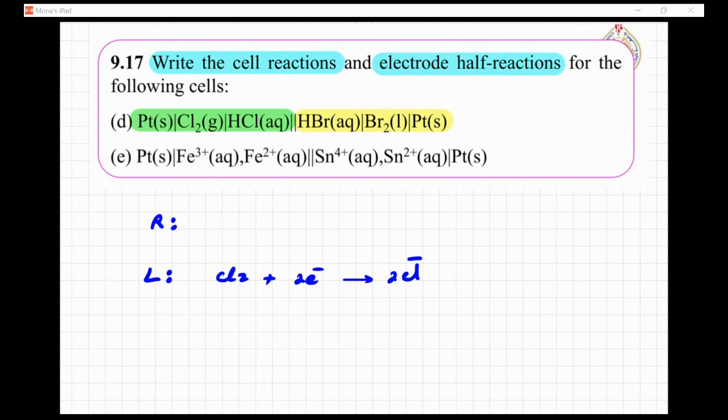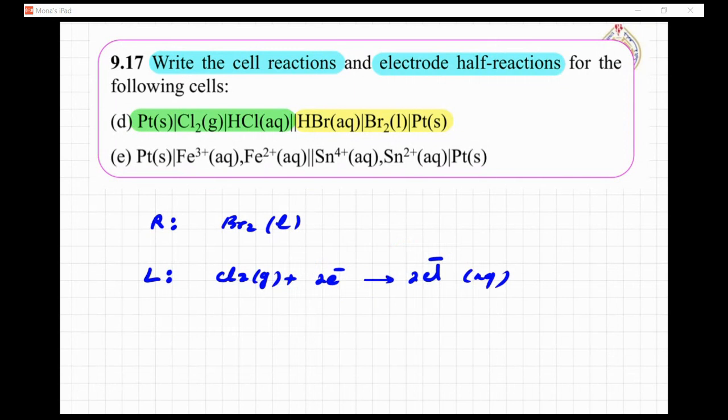Anyway, what do we have here? We want the right. What is the right? Of course, I have Br2, which is liquid. The Cl2 here is a gas, and this is aqueous.